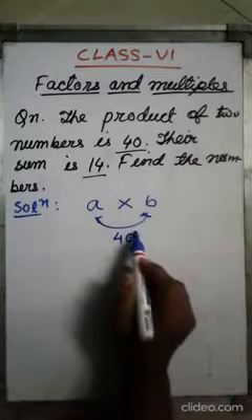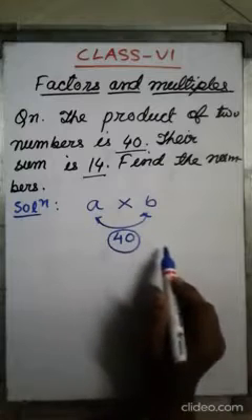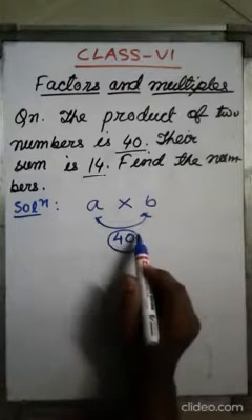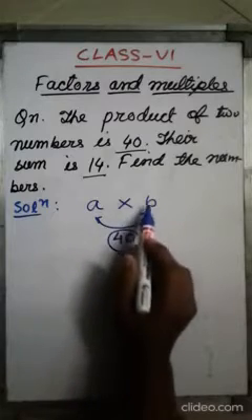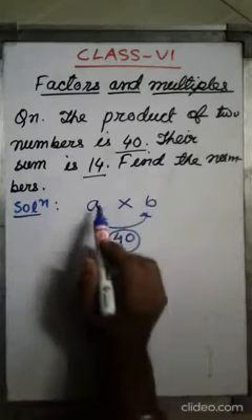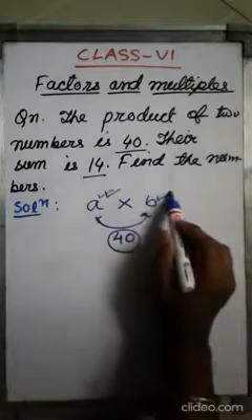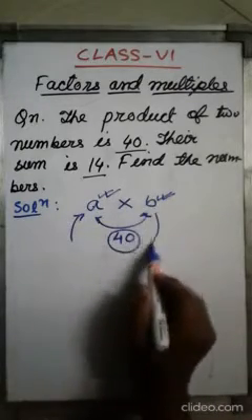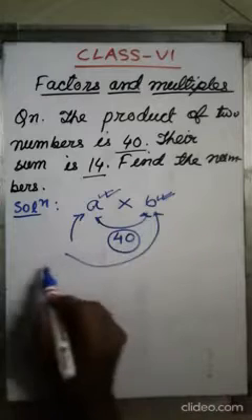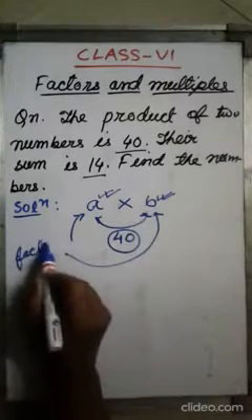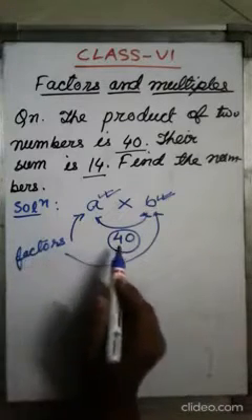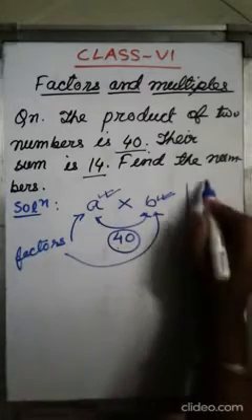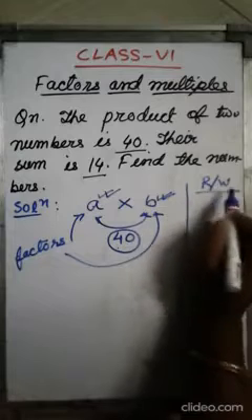So we have to find the factors of 40, because if their product is 40, then these two are factors of 40. So let us find the factors of 40.